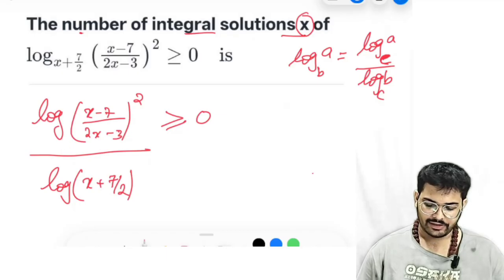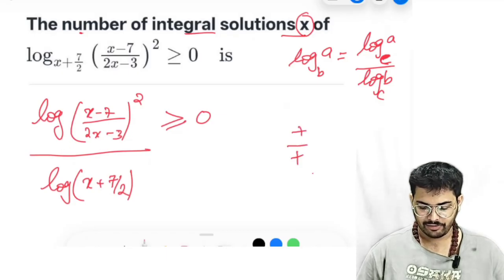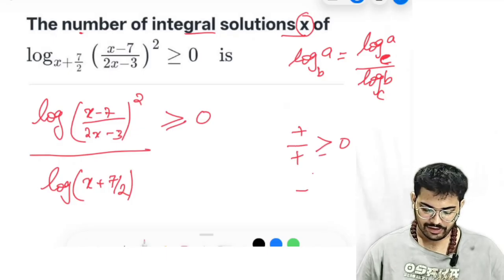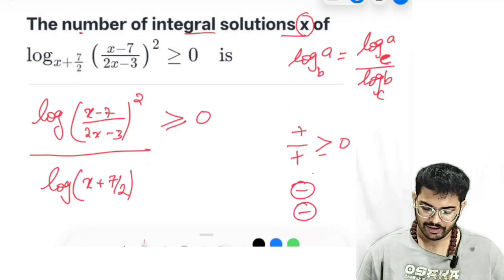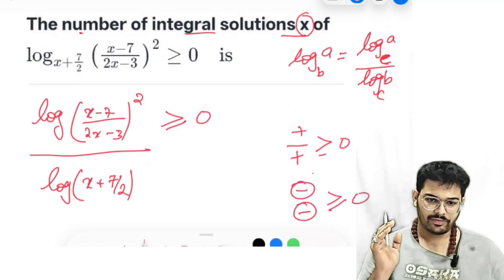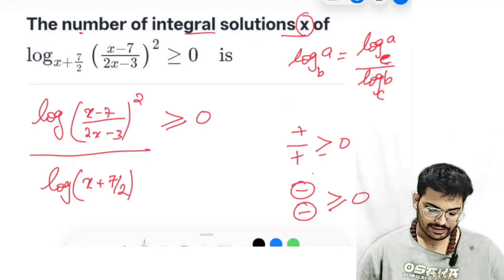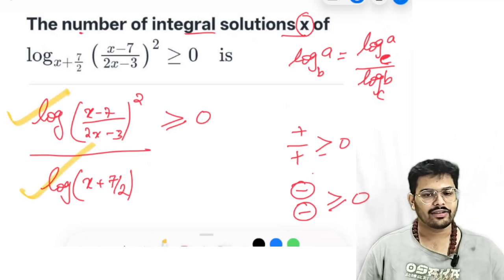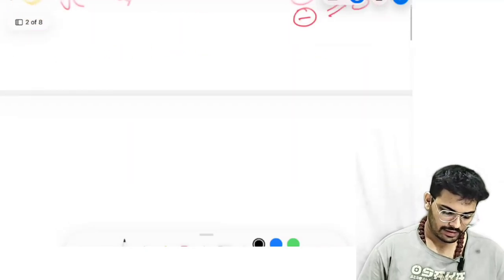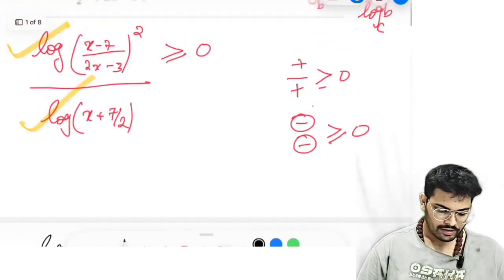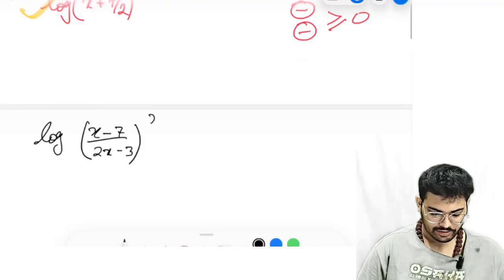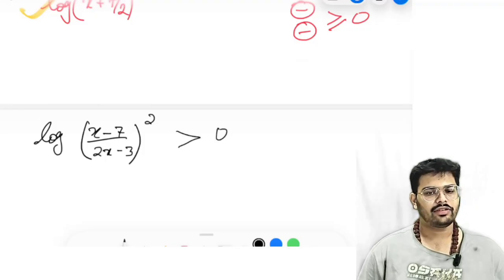Now there are two possibilities. When you divide a positive number by a positive number, you will get a positive number, greater than 0. Again, when you divide a negative number by another negative number, this will be greater than or equal to 0, because the signs cancel. So for the first condition, we take both the values as positive. The numerator, log of ((x minus 7) divided by (2x minus 3)) the whole square, is greater than or equal to 0.